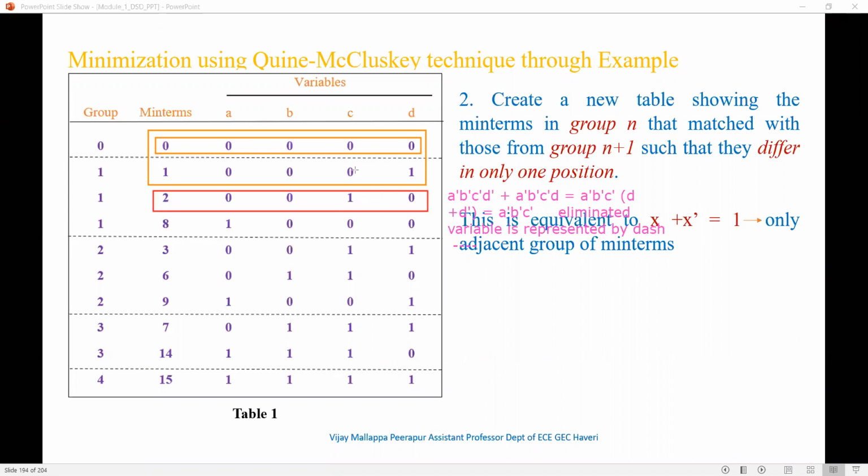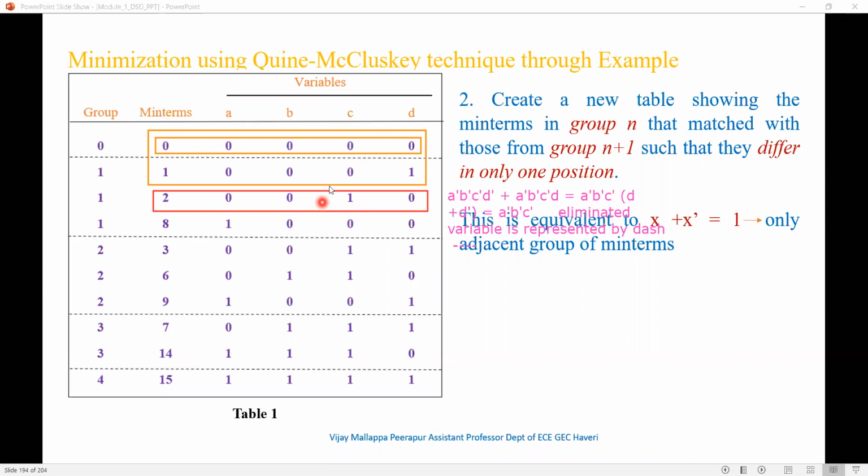You can see that they differ in one position. Where they vary here, see, here it is 0, here it is 0, here it is 1. So we eliminate the variable C when we group the min terms 0 and 2, and we represent that by a dash.